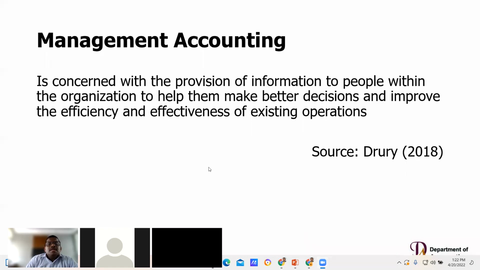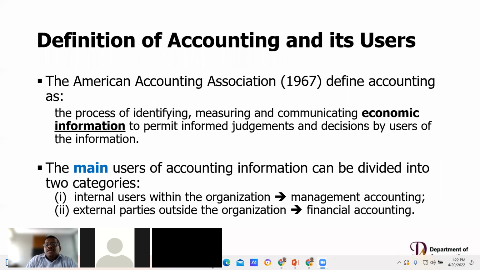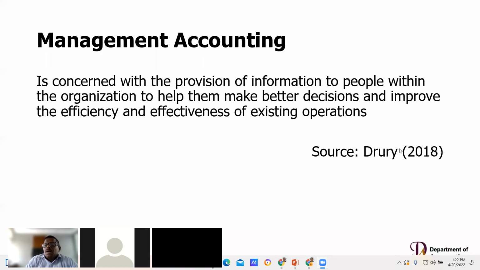So as per Drury 2018, earlier we gave you the general definition from 1967. Now the definition by Drury's 2018 textbook is: management accounting is concerned with the provision of information to people within the organization to help them make better decisions and improve the efficiency and effectiveness of existing operations.